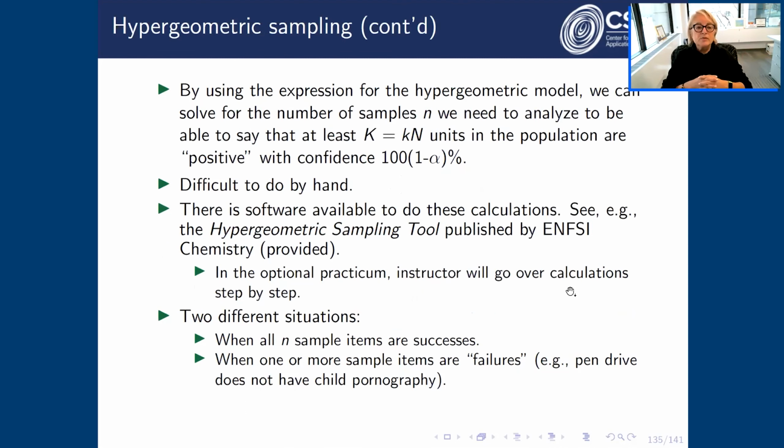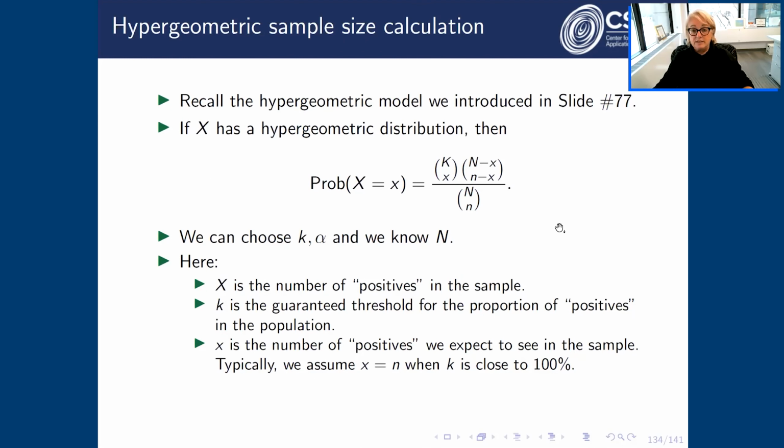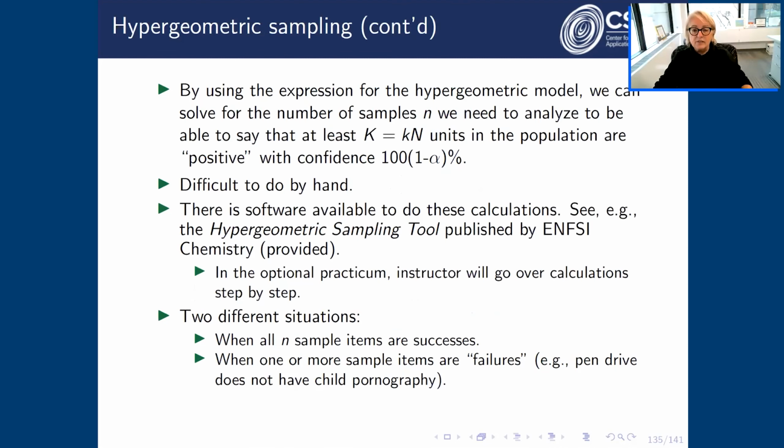So how do I do those calculations? It turns out that using this expression over here, we could solve for little n, given a value of K and big N and so on, but it's very difficult to do by hand. And so there's software that's available to do this.